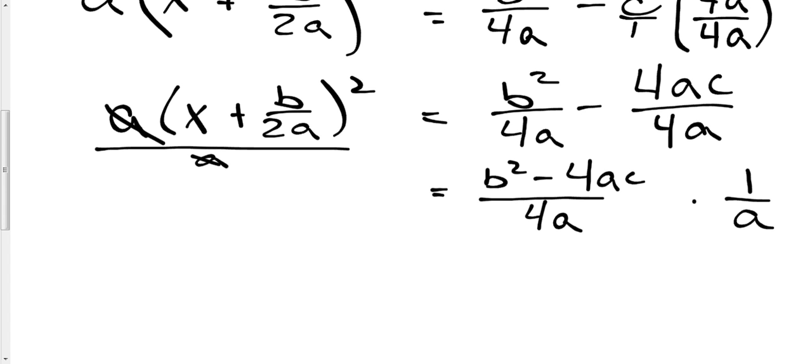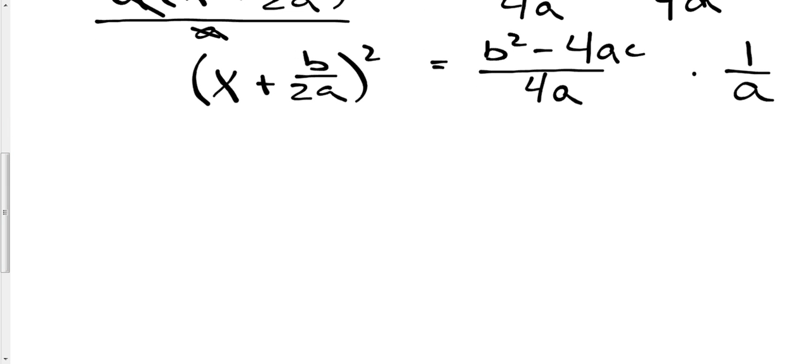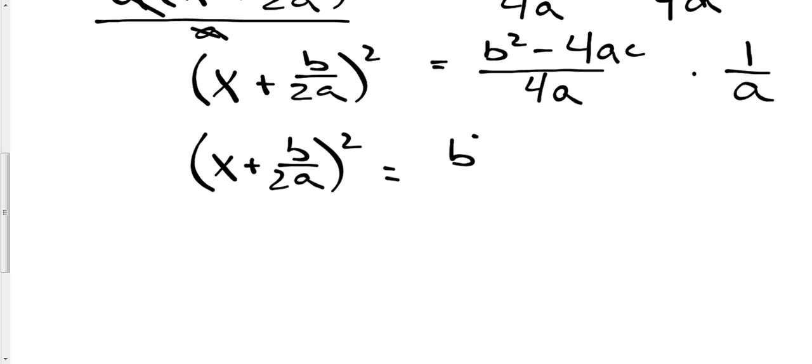So I get x plus b over 2a, quantity squared, equals, and let's do this multiplication, b squared minus 4ac over 4a squared.